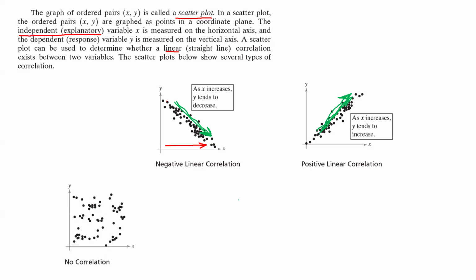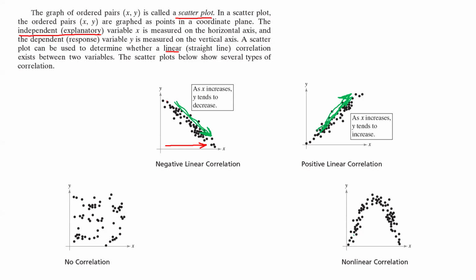There is no correlation in this scatter plot. There is chaos here. As x increases, there is no information about y. Some of the points are increasing, some start decreasing, so there is no correlation here.